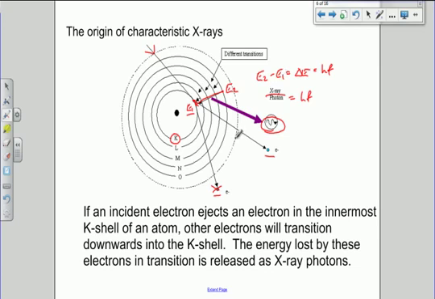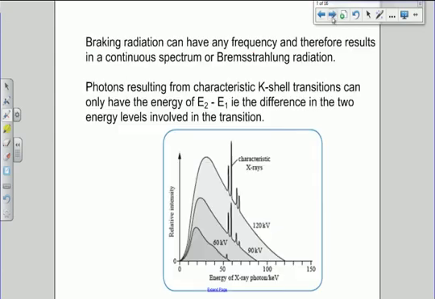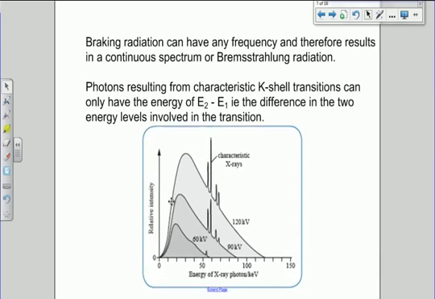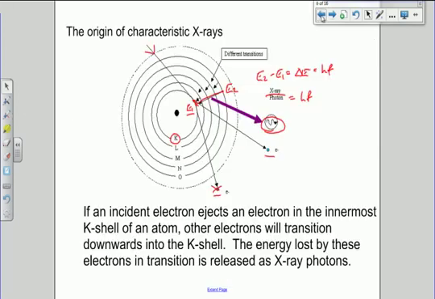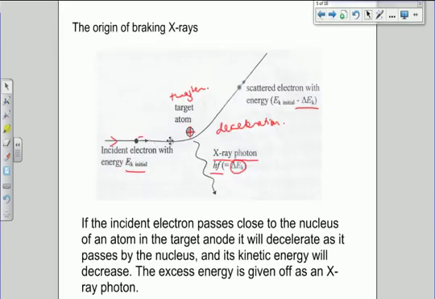Okay, so let's go back to the curve that we saw of intensity against energy and have a look at that. One of the main things to notice about breaking radiation is it can take pretty much any value, or certainly a range of values, because, and actually we need to go back to the slide that we were looking at before for that, the deceleration of the electron as it comes close to the atom can effectively take any value.